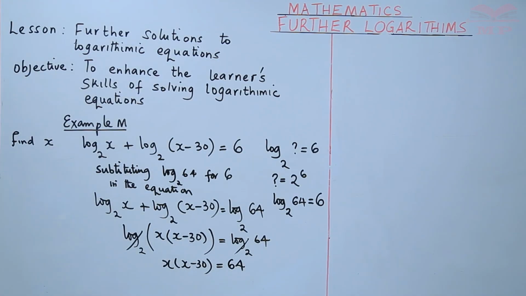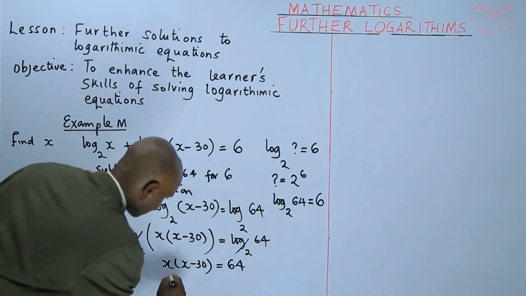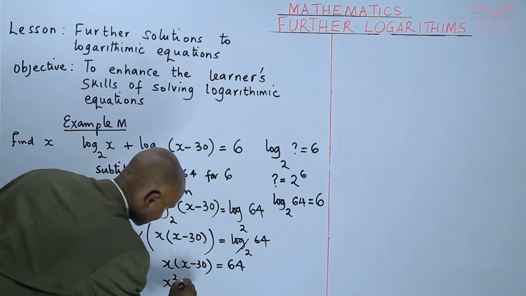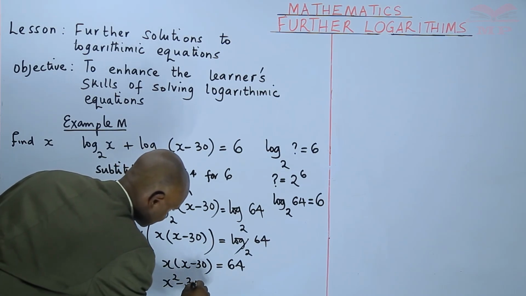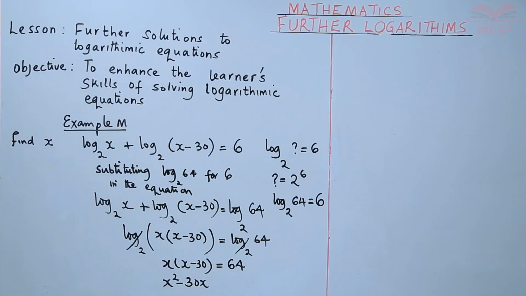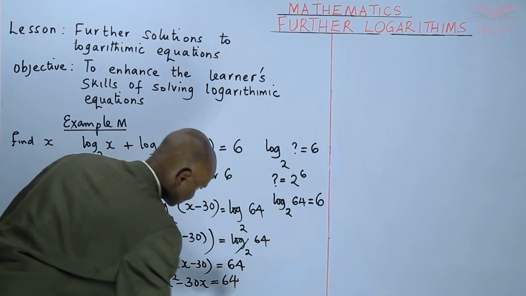So you'll open up that, and you'll have x squared minus 30x should give you 64.